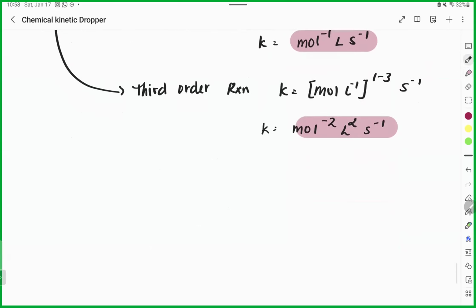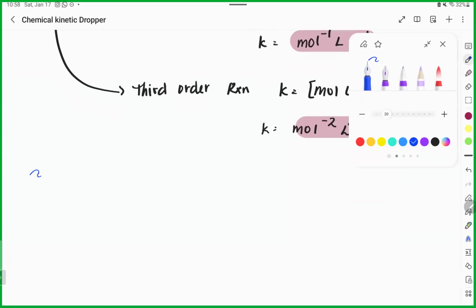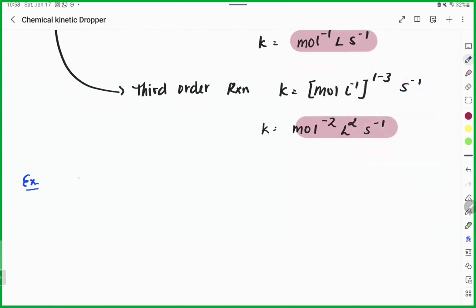If you know this, then Pratigya, if you take K value equal to 2.3 into 10 raised to power minus 5 liter per mole per second, what will be the order of reaction?